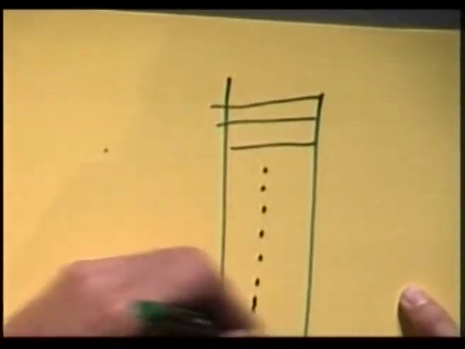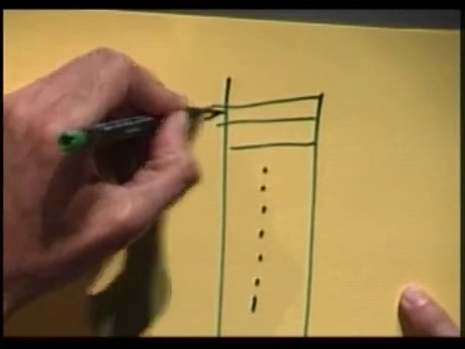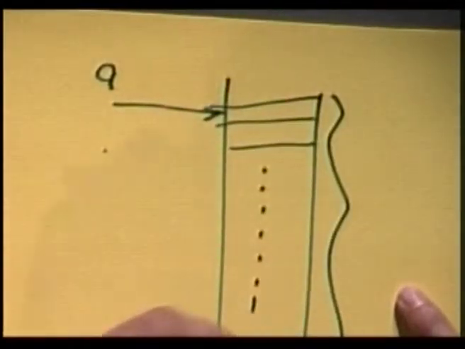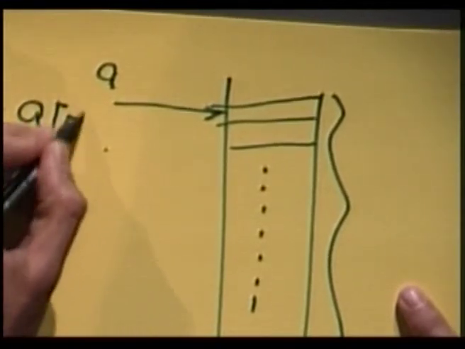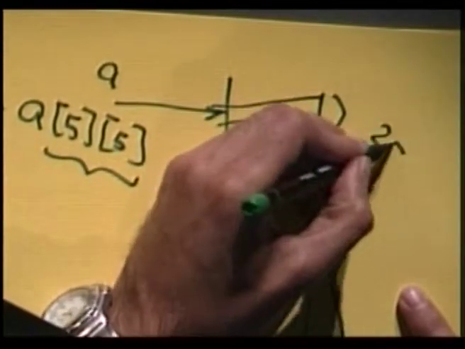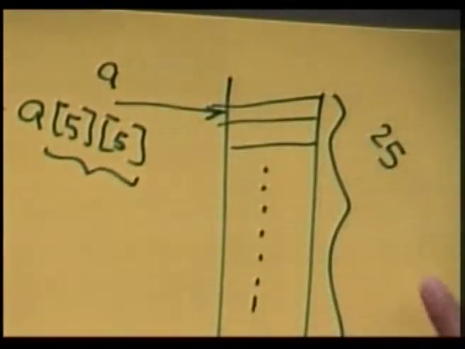So the entries in here are actually what represent the array. So A is something like this, and once I say integer A of 5 and 5, I'm reserving 25 consecutive locations of type integer, 4 bytes each, in the memory.